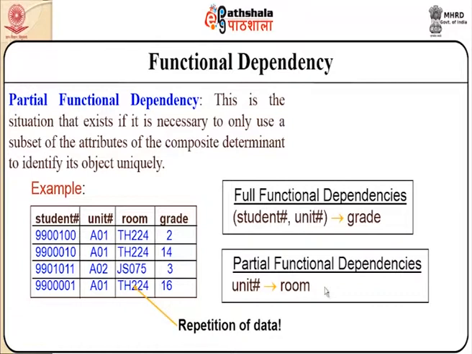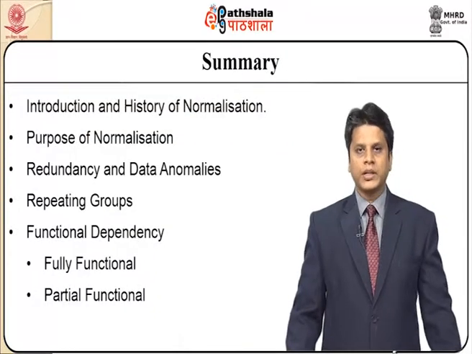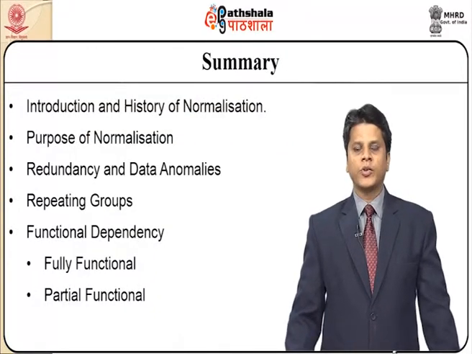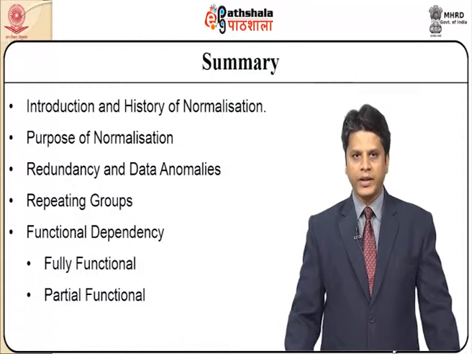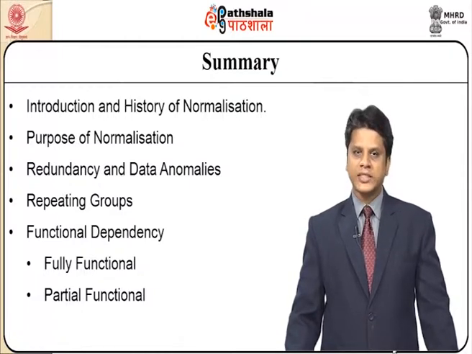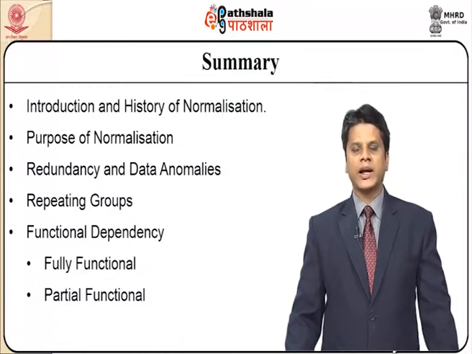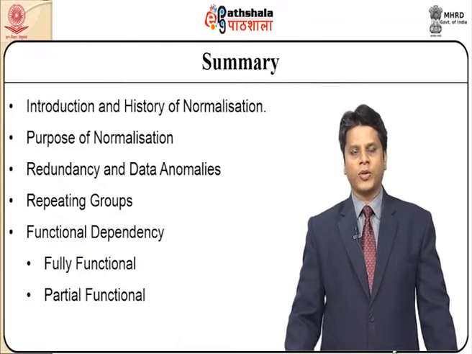In summary, in this session we have looked at the introduction of normalization as Edgar F. Codd has defined. Then we have looked at the history of normalization, where, as a technical paper, it was initially defined with the first normal form.